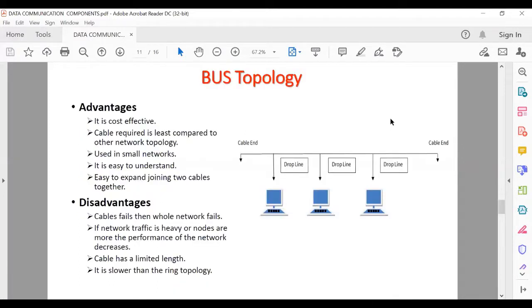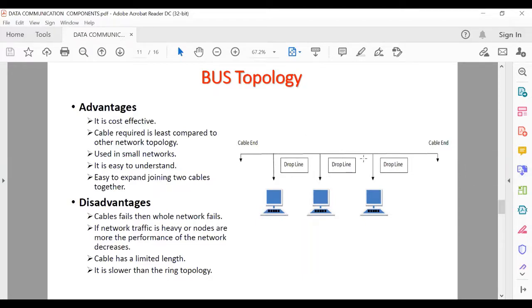So the first one is the bus topology. Here you can see this diagram. Bus topology is a network type in which every computer and network device is connected to a single cable.